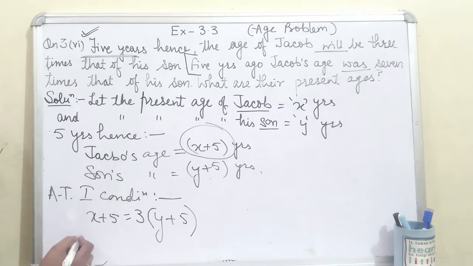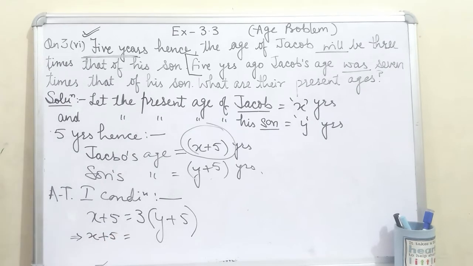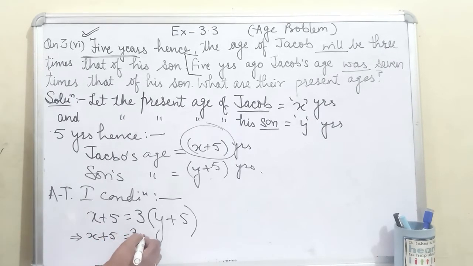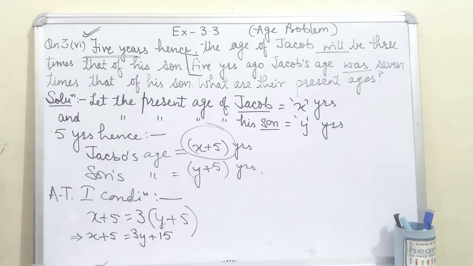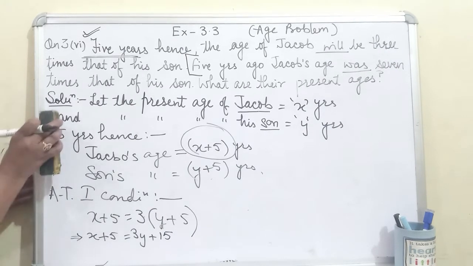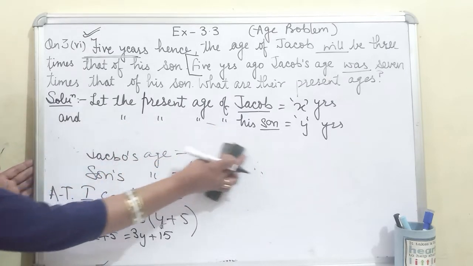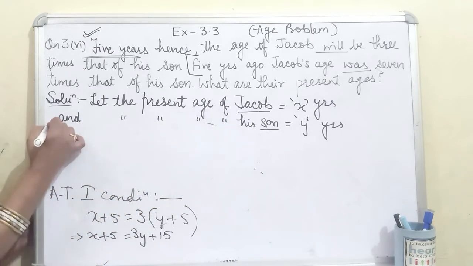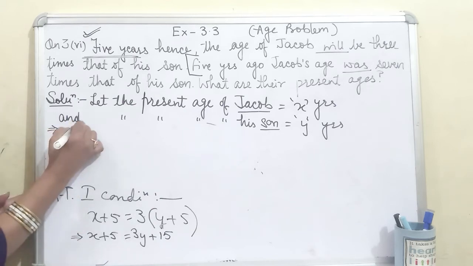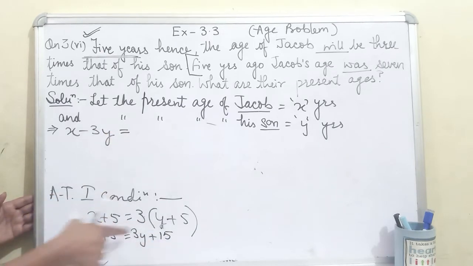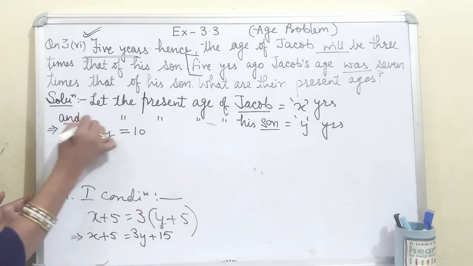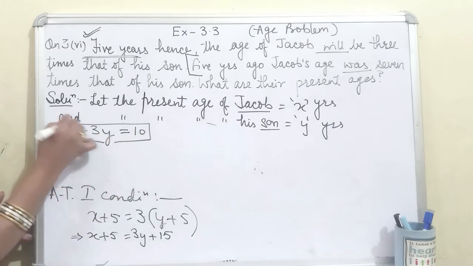Now just solve it a little. What do you get? X plus 5 equals to, open up the bracket, 3y plus 15, plus 5. 3 fives are 15. Right? So after taking the values on the right and left side, what I get? X minus 3y equals 15 minus 5, which is 10. And this is the first condition.